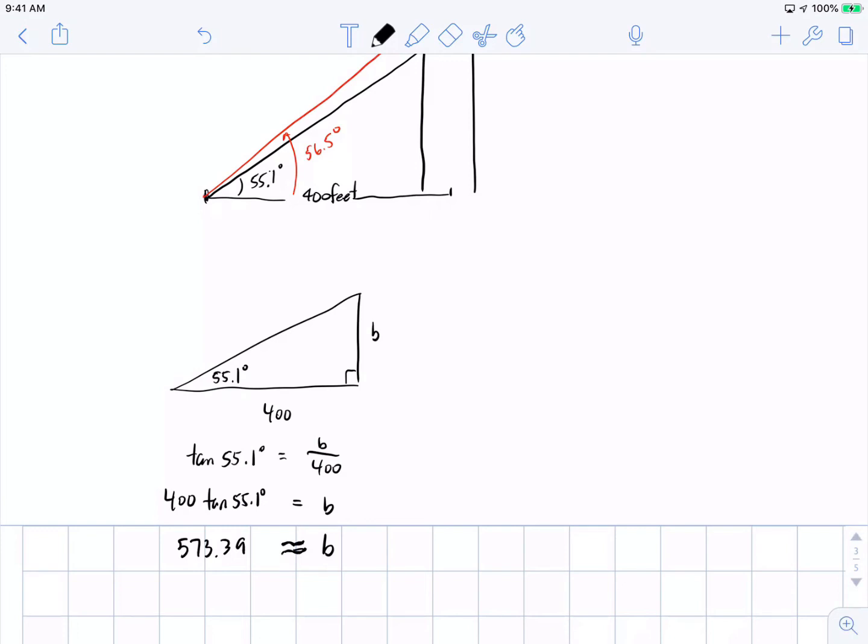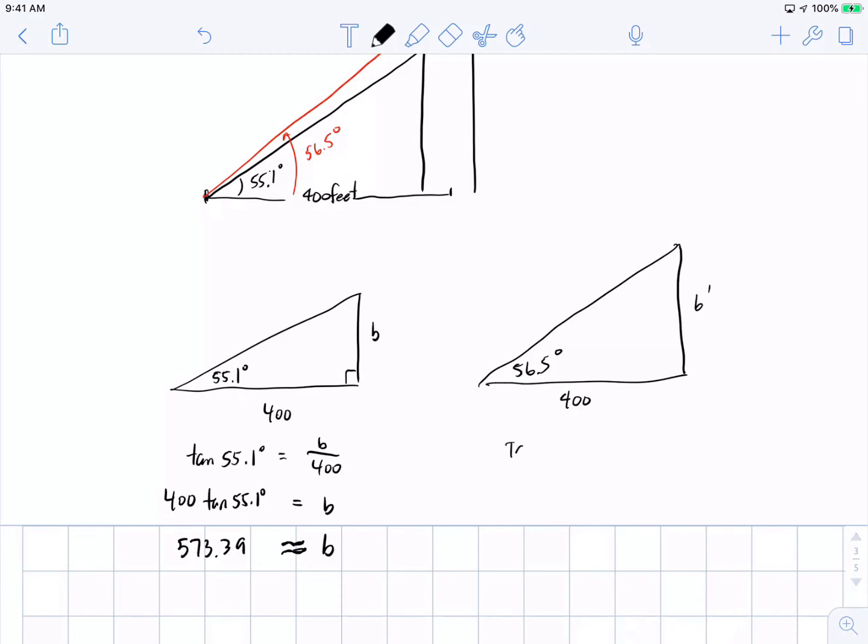Now, the other triangle that we're going to have, ooh, that's not flat. I want to draw it flat. So the other triangle we're going to have is to the top of the statue's head, and we know that that's going to be 56.5 degrees, again with that 400 feet of distance, and we're going to look for a B prime. We'll call it B prime in this case.